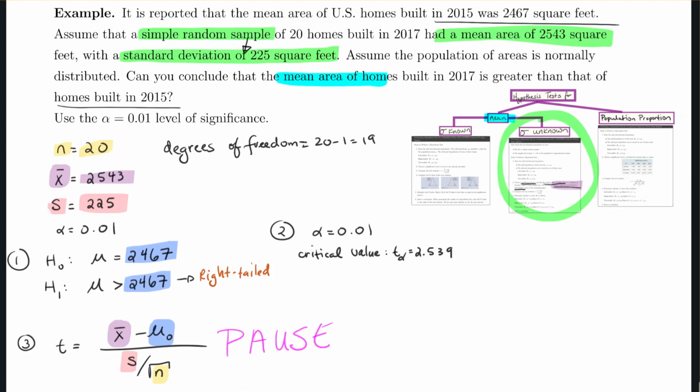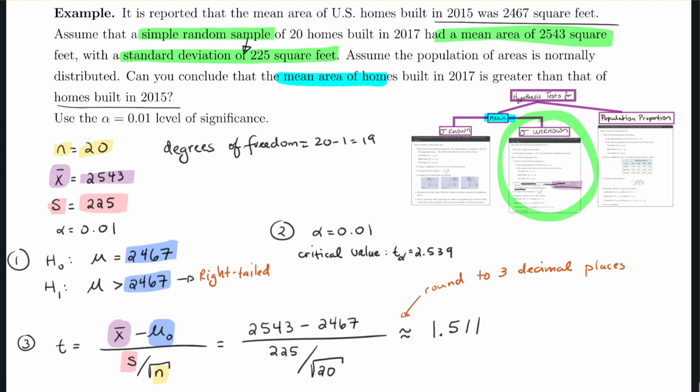So take a moment and pause the video, attempt the test statistic on your own, and keep in mind, whenever our test statistic is t, because we need to compare it to our 3 decimal place critical value, we will round to 3 decimal places. And we'll get, when rounded, 1.511 as our test statistic.